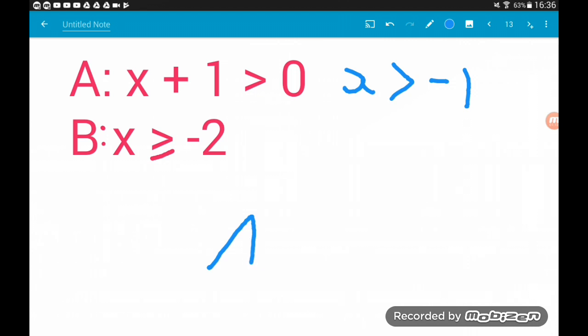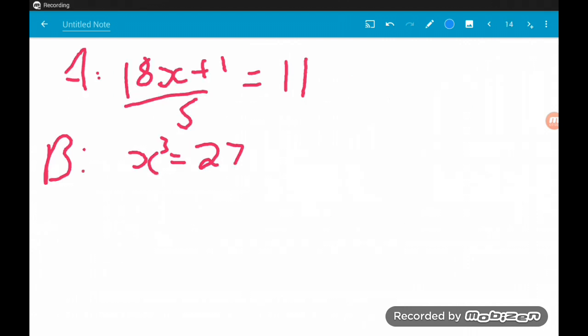So we do know here, statement A does imply statement B. Does B imply A? Well, no. By statement B, x could be equal to minus 2, which isn't greater than minus 1, so B does not imply A.